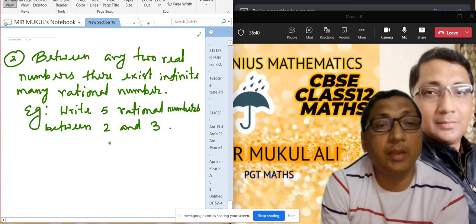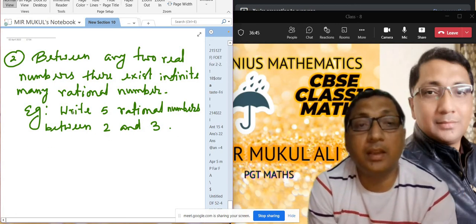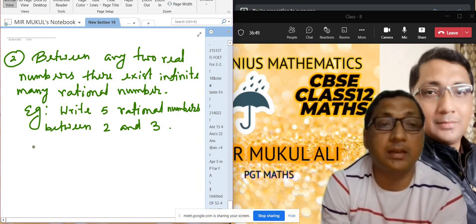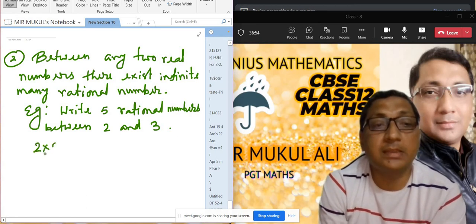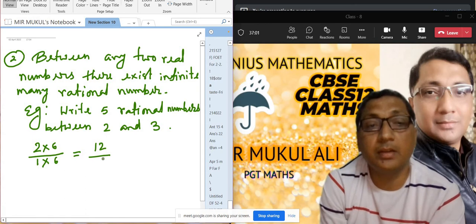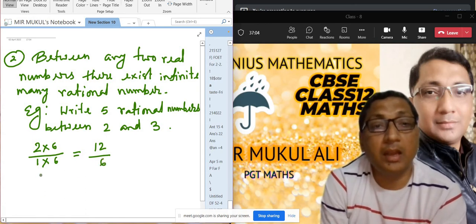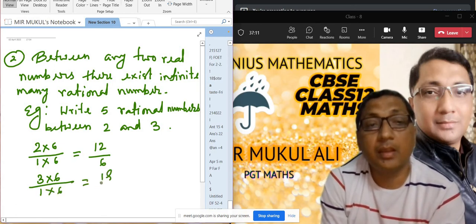So between 2 and 3, 5 rational numbers if you want to write. So we know that between any two rational numbers, there exist infinite many rational numbers. So 2 can be multiplied by 6, and denominator also you can multiply by 6, then we get 12 upon 6, and 3 multiplied by 6, then you will get 18 by 6.